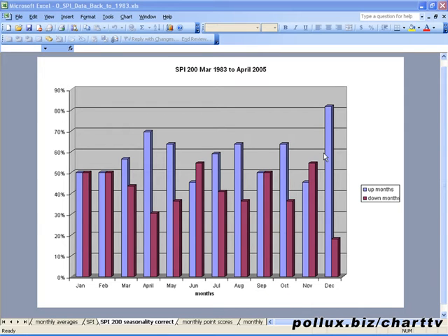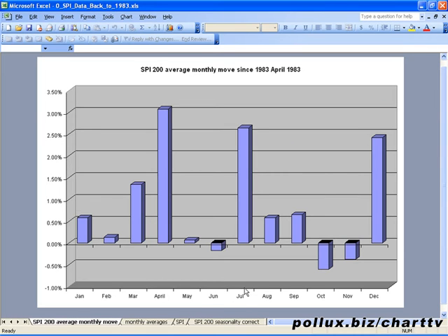So what I've done now is I've moved on from this research. I've decided to determine by how much on average these markets were up or down since April 1983.